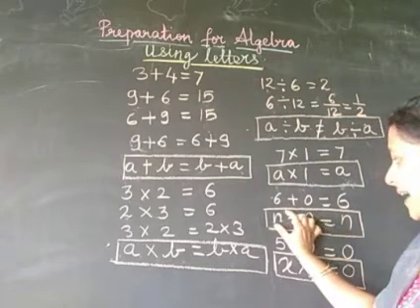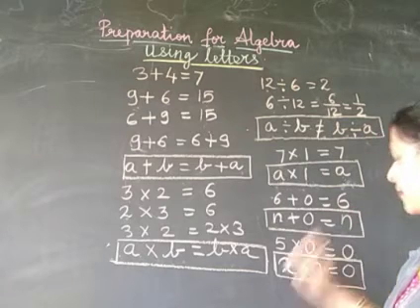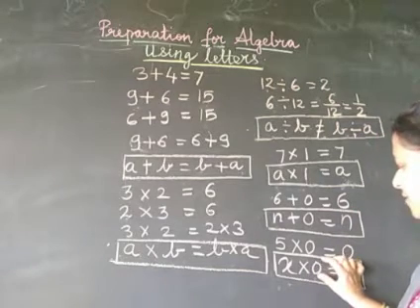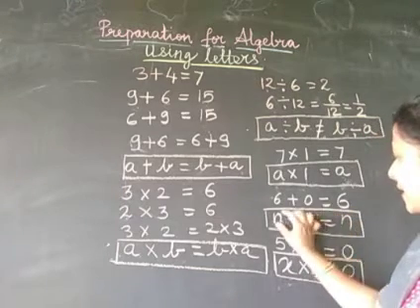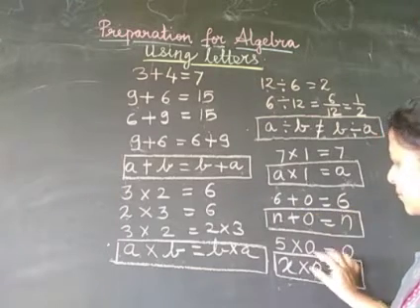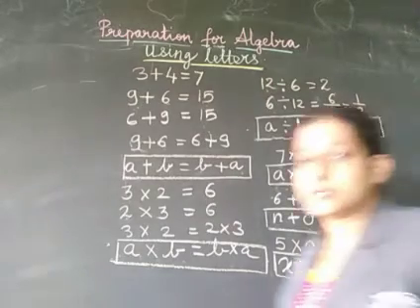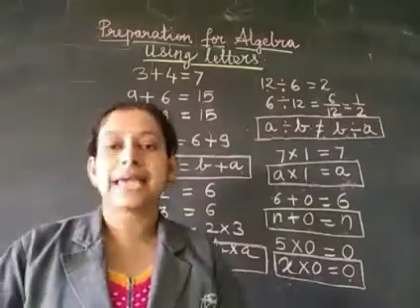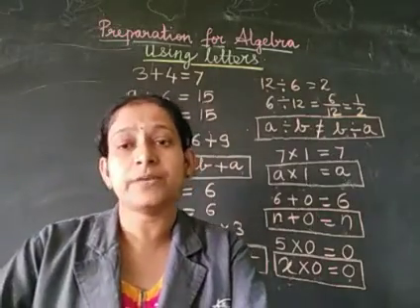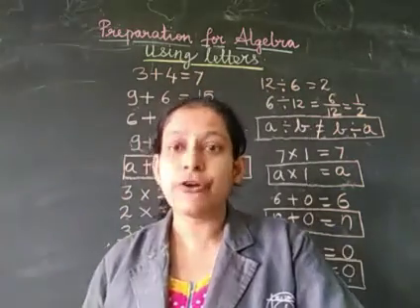If 0 is added to any number, we get the number itself. But when 0 is multiplied with any number, you are getting 0 as the answer. So you see how letters can be used in place of numbers to formulate certain rules and formulas.